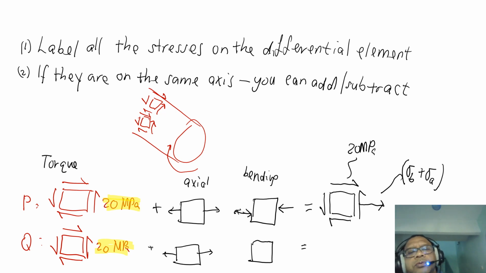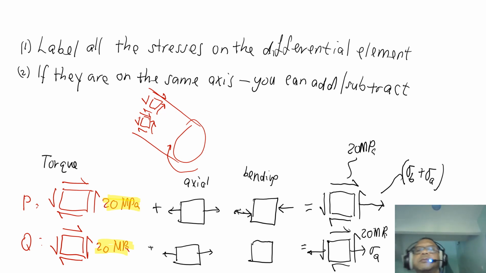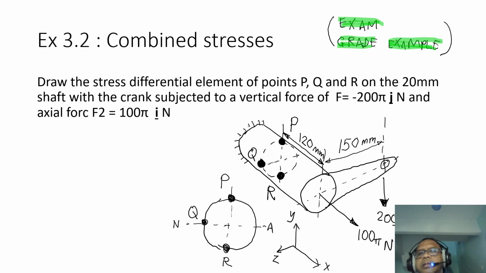So therefore our stress is only due to axial, and this is 20. Okay, all right, so I hope this is clear to you how you finally get the differential element due to the stress from each loading applied to the structure. Okay, so let's look at the next one.